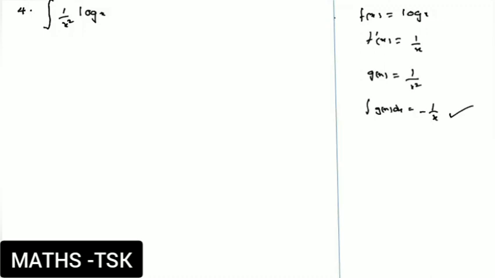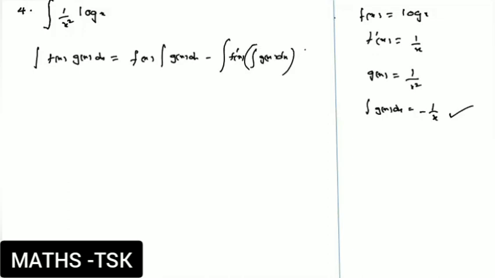Now what is the integration formula? Integration of f of x into g of x into dx is equal to f of x integration of g of x dx minus integration of f dash of x integration of g of x dx, then a whole dx is the formula. Now I consider log x as f of x, 1 by x square as g of x into dx. What is f of x? That is log x. What is integration of g of x?